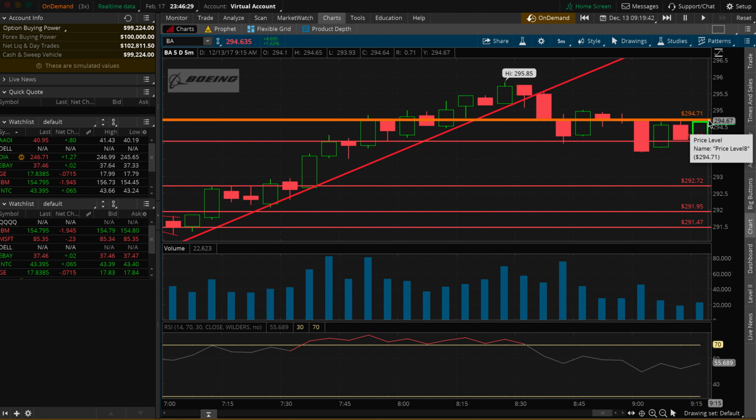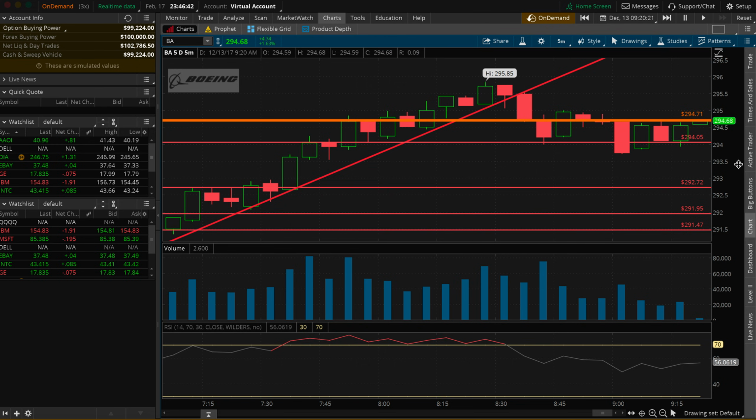Hitting that resistance again. Can't get through it. Must be strong resistance now. There's a lot of sellers right there at that price. See, trying to push through it again. Can't do it. Buyers come in trying to push through that.